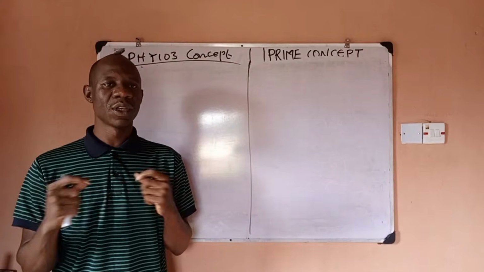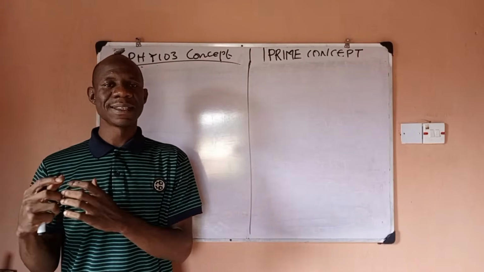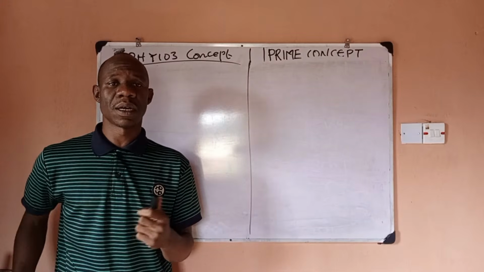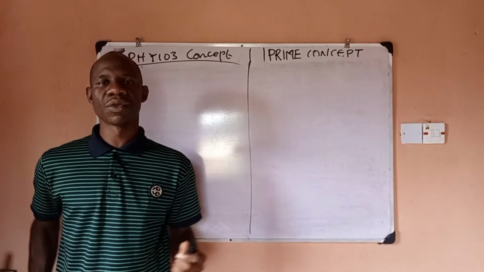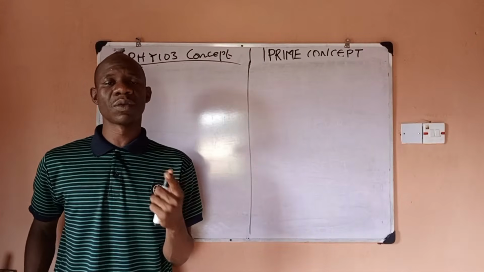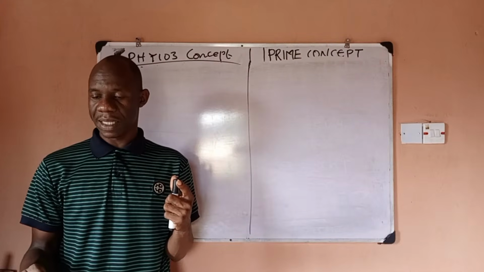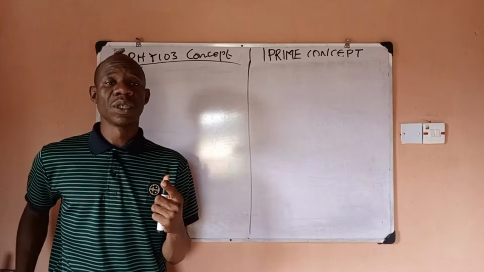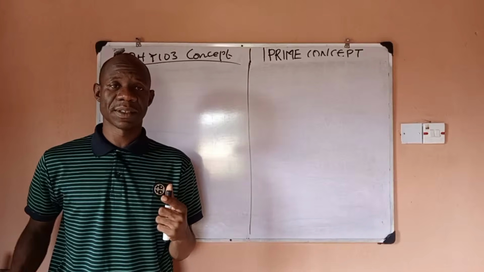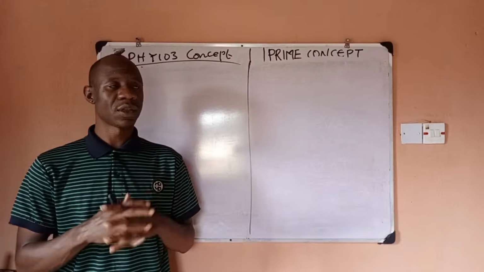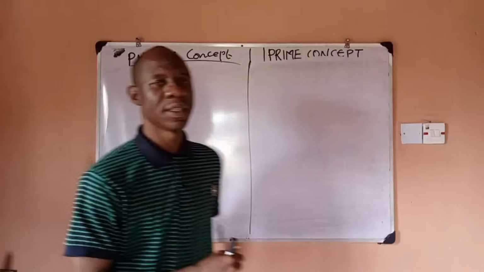Then we go into heat capacity and latent heat. We get into heat transfer, then we do random problem solving. We won't also be touching thermodynamics, because we also did thermodynamics in our previous video while preparing for Chem 101. So we'll just focus on these major ones.